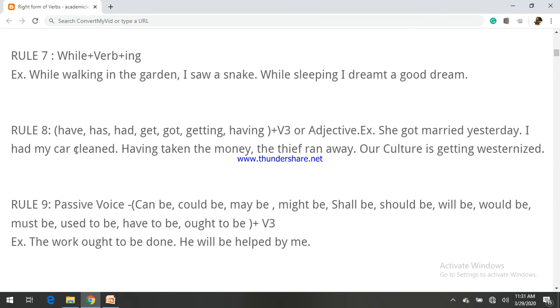Had plus V3: cleaned. Having taken: after having, take, took, taken. And then after getting, there is westernized, again V3, not western. Our culture is getting westernized. Clear.